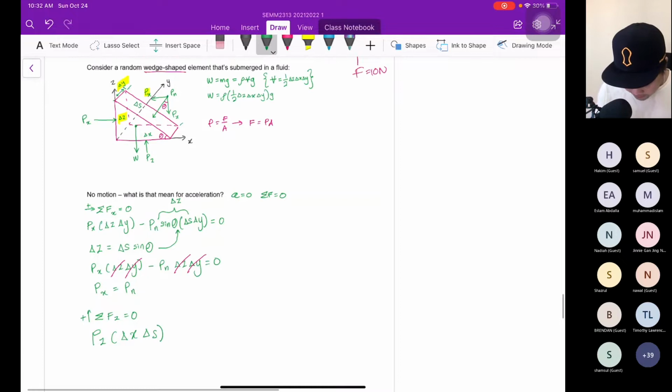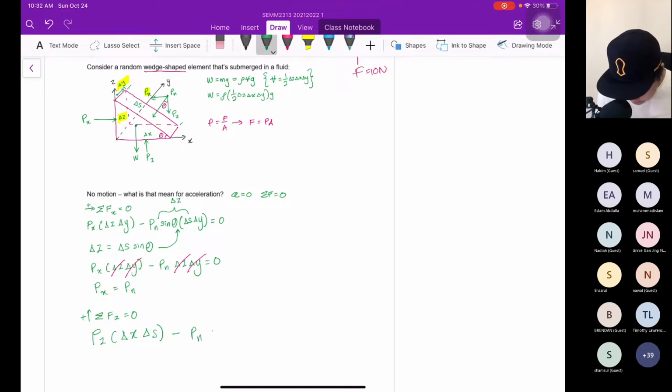And then we have the pressure facing downward. It is negative. Let's say we focus on the Pn. Okay, Pn, it is cos theta. What's the area?